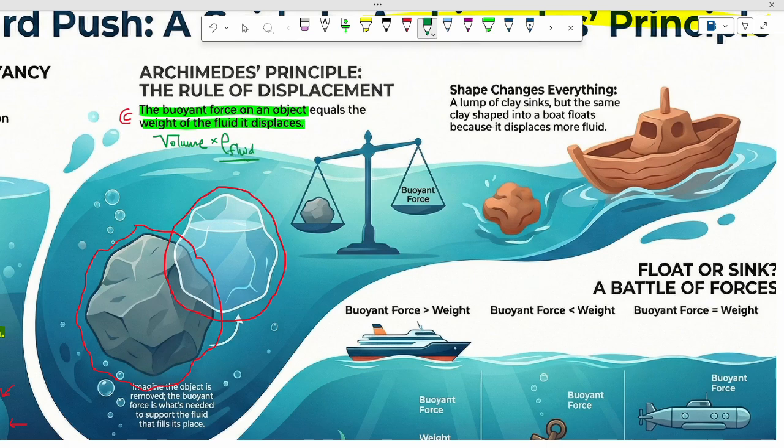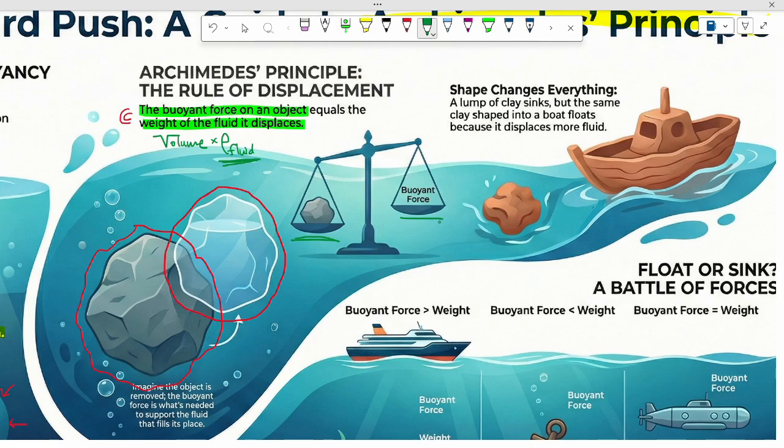So from this dependence on the density, you can see that if you are dealing with an object that's quote-unquote heavier than the fluid, more dense than the fluid, then the buoyant force would be less than the weight of the object itself. In that case, the object sinks. Buoyant force is less.